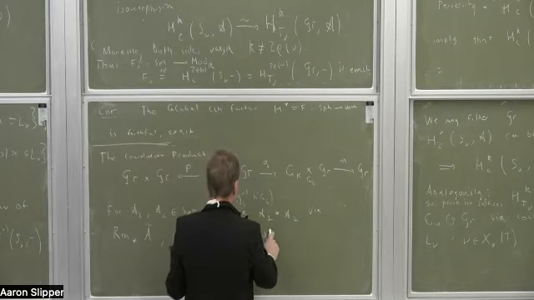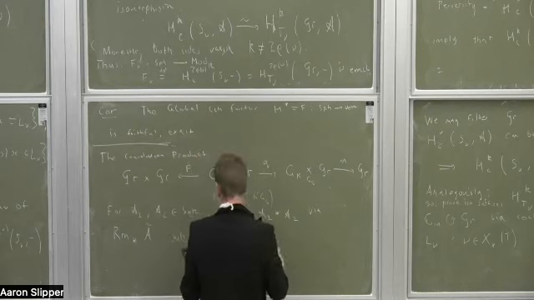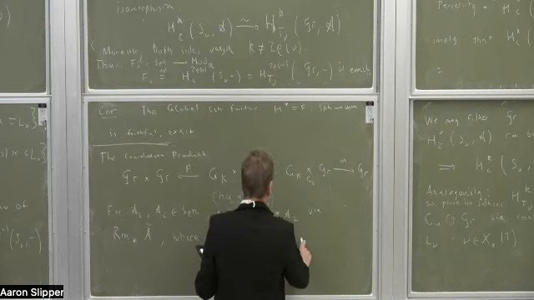I'm going to apply this to the zeroth perverse cohomology of the external derived product.